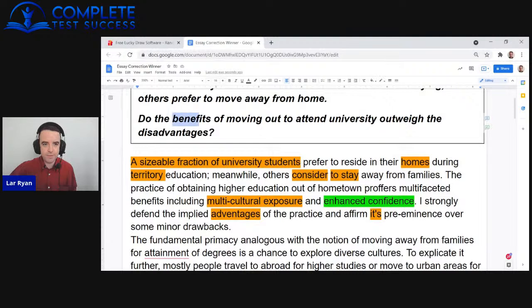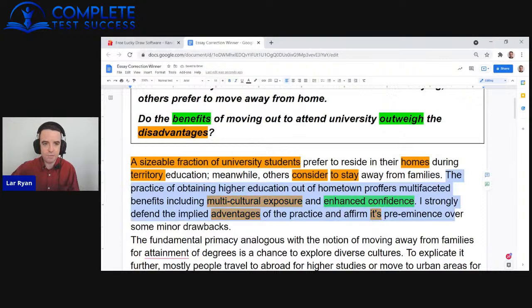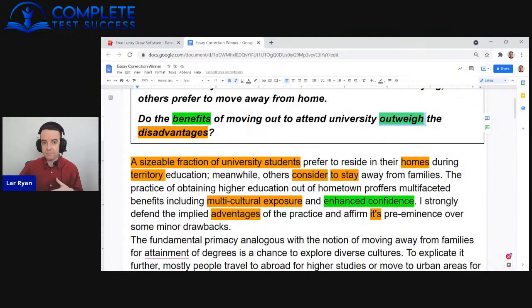However, they have given me 2 benefits. So that's good. They have attempted to say that the benefits outweigh the disadvantages. So that's good. However, they have not given me any disadvantages. Like I said earlier on, in my outline, what I want in this outline statement is 2 benefits, 1 disadvantage, and it clearly stated that the benefits outweigh the disadvantages.